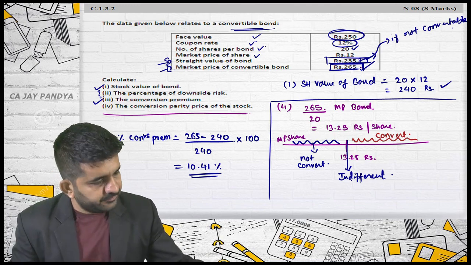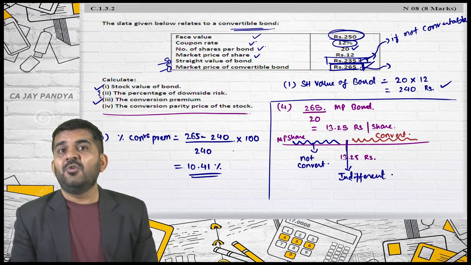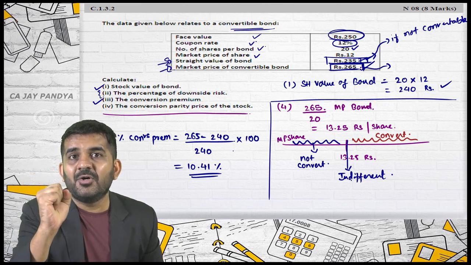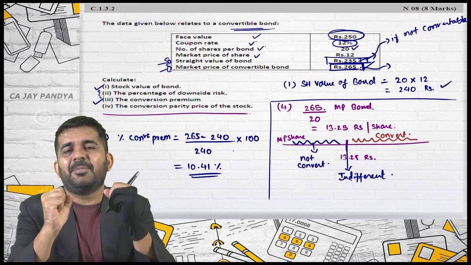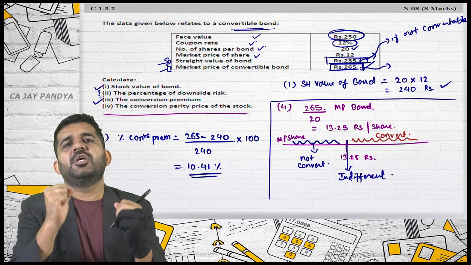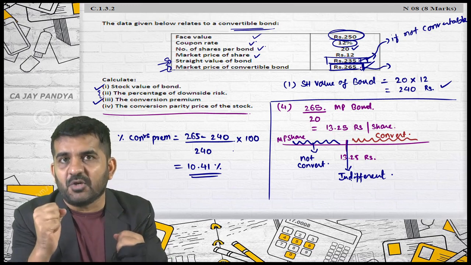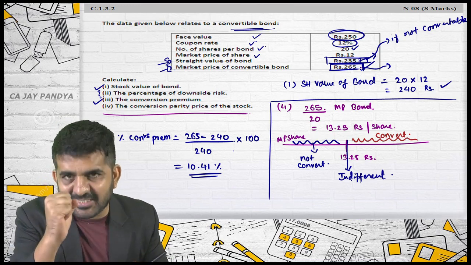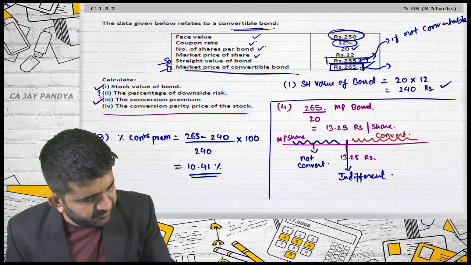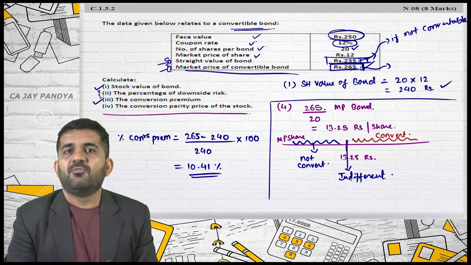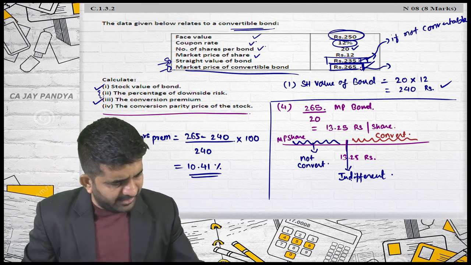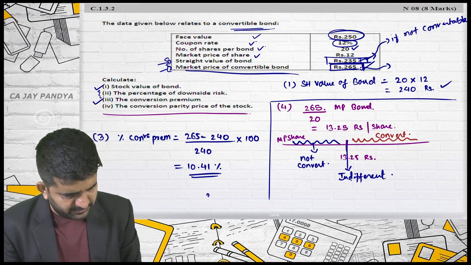Now if they are convertible, understand, convertible bonds are a better security as compared to non-convertible bonds, because this bond can be converted into equity shares at any point of time. So you are having one more facility in this type of bond. So their market price is higher. It is 265. So I will be calculating this.